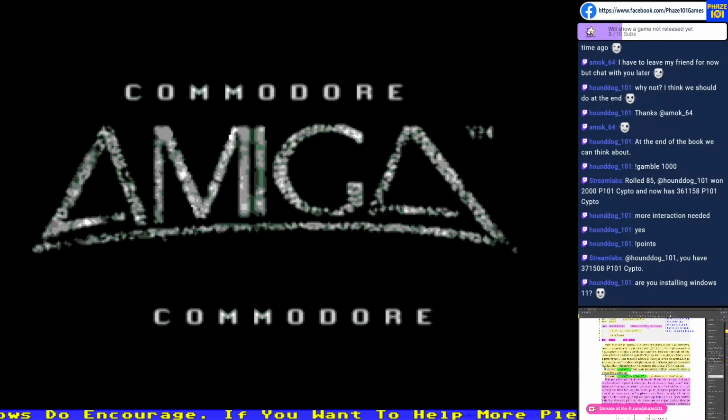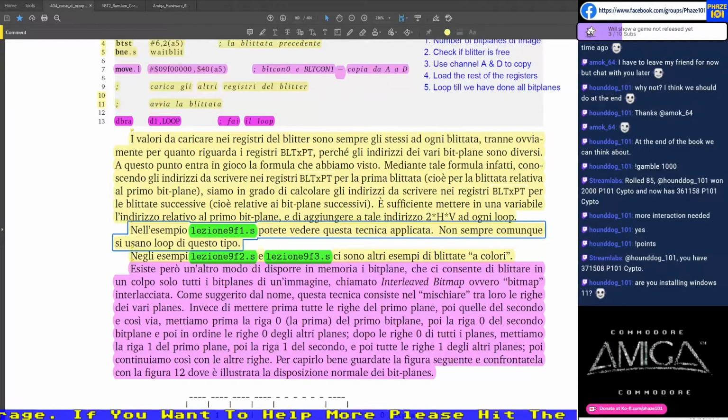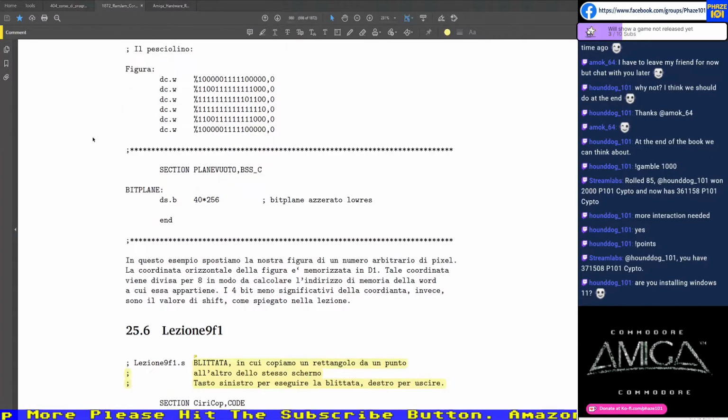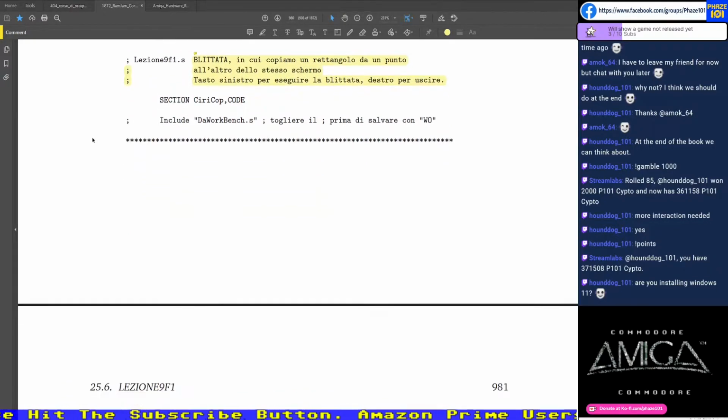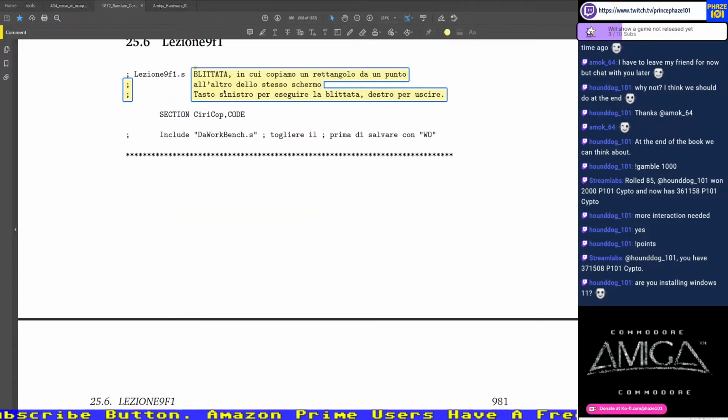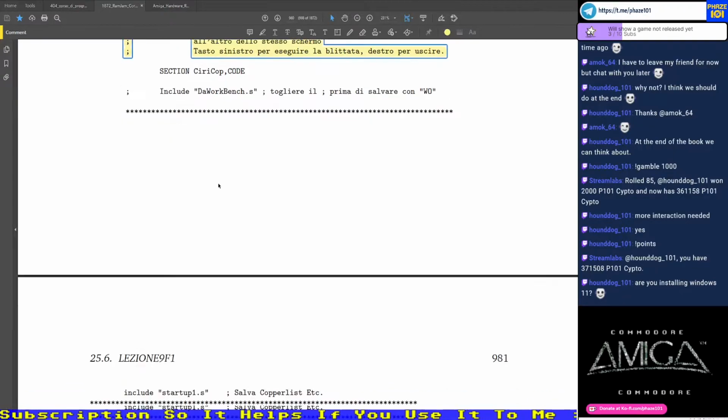So let's jump back to the book and we go to the examples book. The example, as I said, copies a rectangular area into another part of the screen. That's what it does.